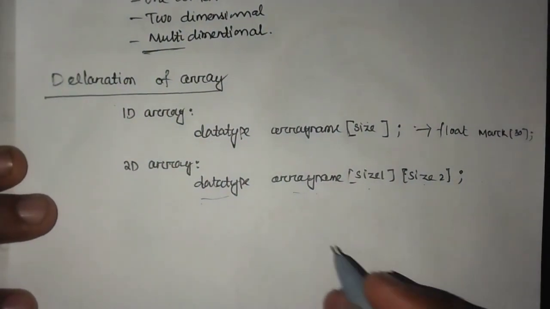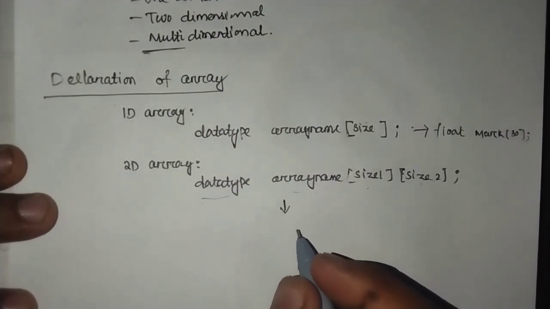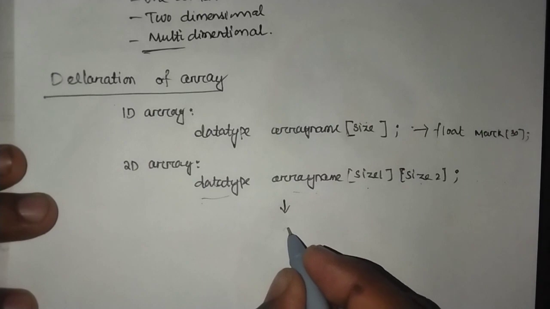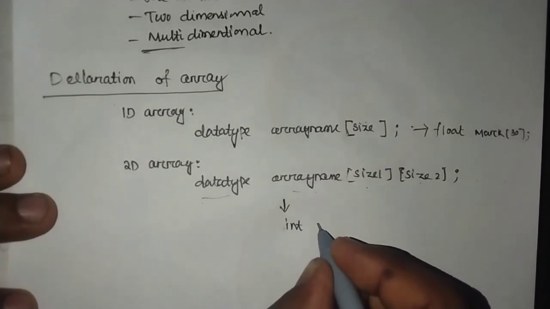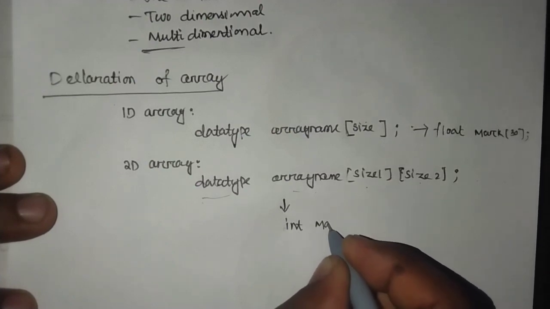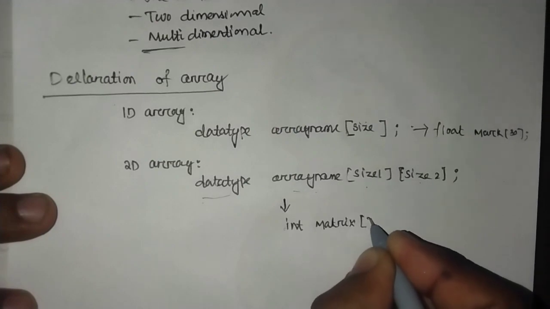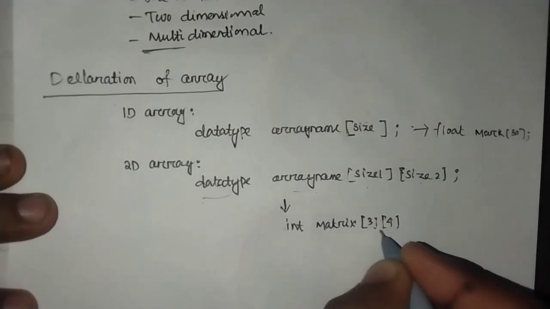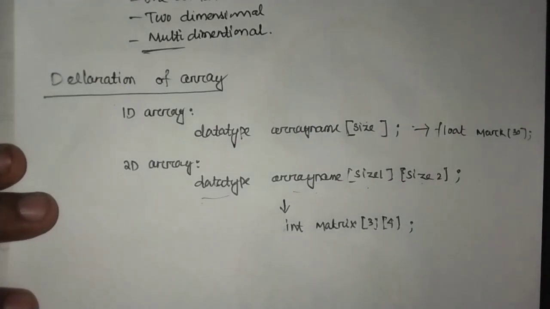Here, if you want to create a matrix having 3 rows and 4 columns, write int matrix[3][4]. The first one is for row and the second one is for column. Okay.